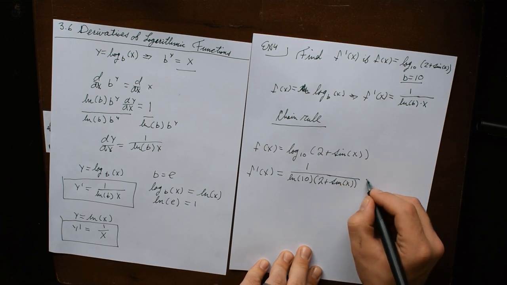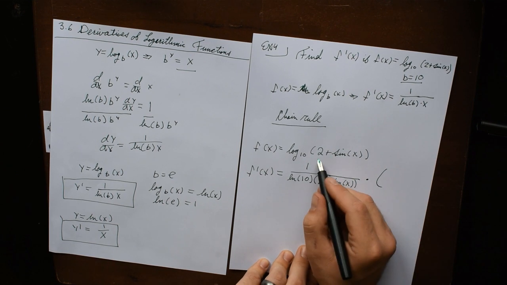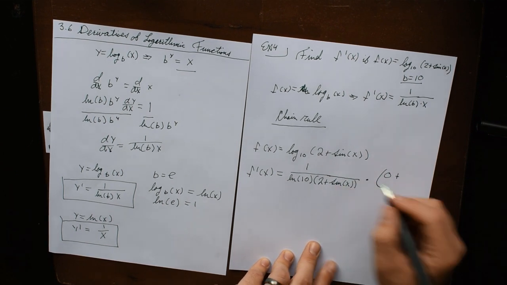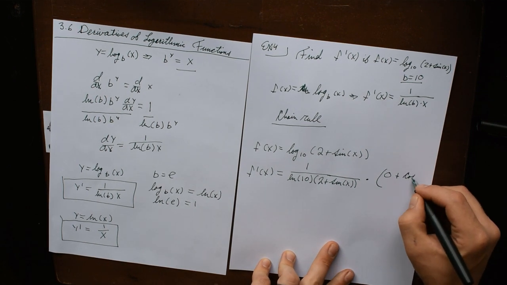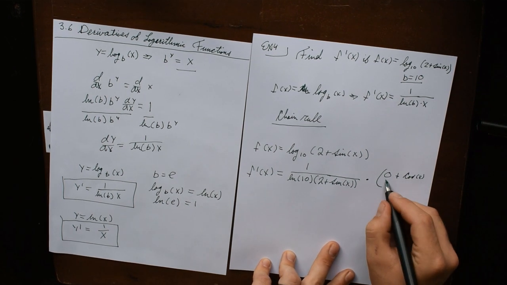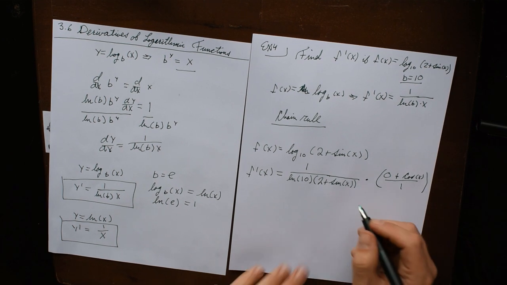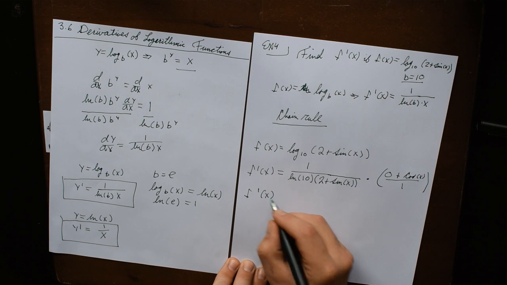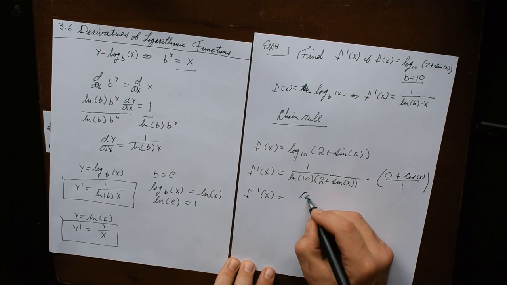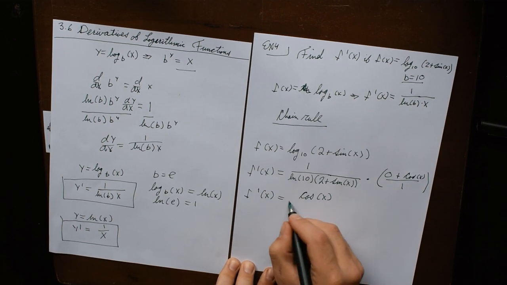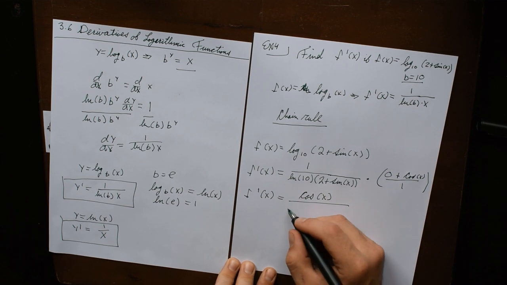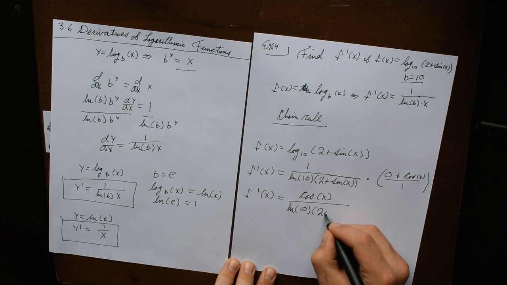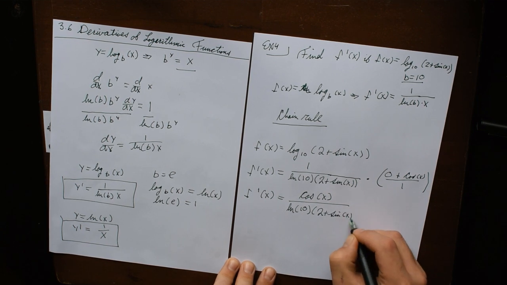All this is being multiplied by the derivative of the inside. The derivative of 2 is 0, plus the derivative of sine is cosine of x. So we can combine everything together. F prime of x is equal to the cosine of x divided by the natural log of 10 times 2 plus the sine of x.